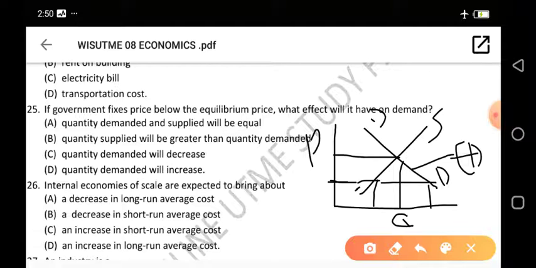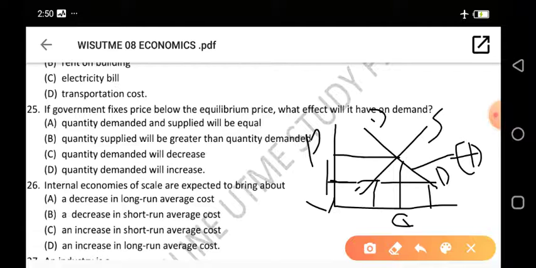And the law of demand states that the higher the price, the lower the quantity demanded, and the lower the price, the higher the quantity demanded. In this case the price is low, therefore demand is high.